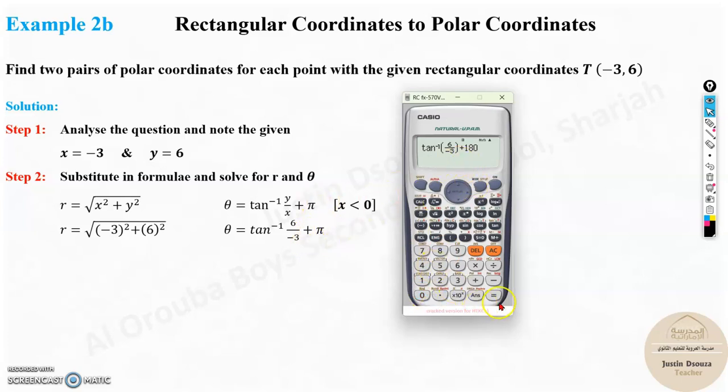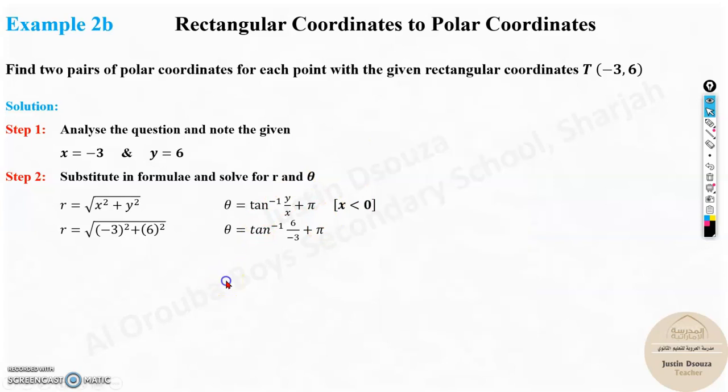Because pi is 180 degrees. You're getting 116. Now look over here. Why am I not adding pi directly? Because the default mode of your calculator is degrees. So always use degrees. You don't need to change the mode, because you can always convert to degrees. Just stick to degrees. So the answer is 116 degrees and r is 3 root 5.